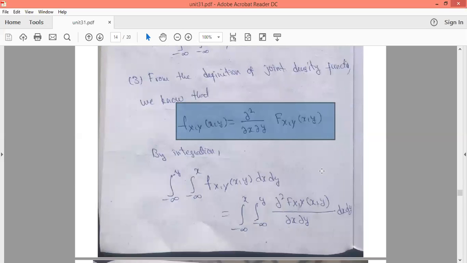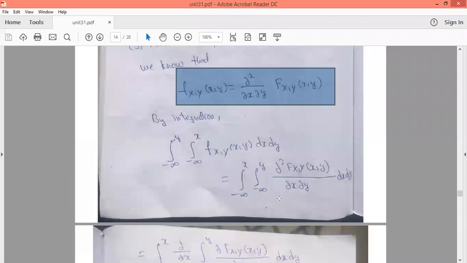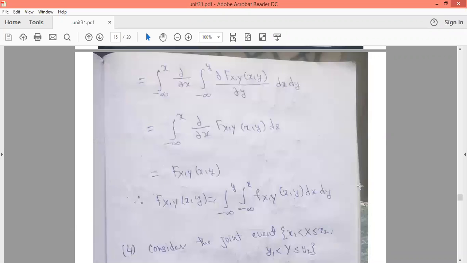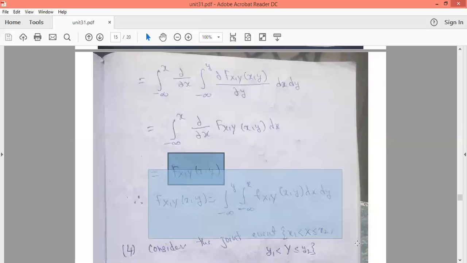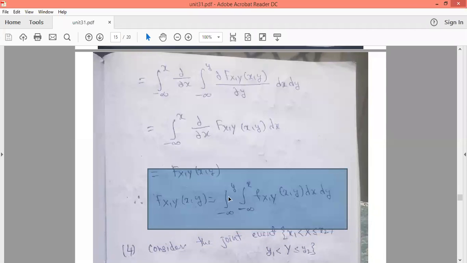Now what we do here is integrate this equation on both sides with respect to x and y. On the right side we are differentiating with respect to x and y and also integrating with respect to x and y, so the derivative and integrations cancel. So we get FXY of x comma y equal to the integral from minus infinity to y, integral from minus infinity to x, of fXY of x comma y dx dy.